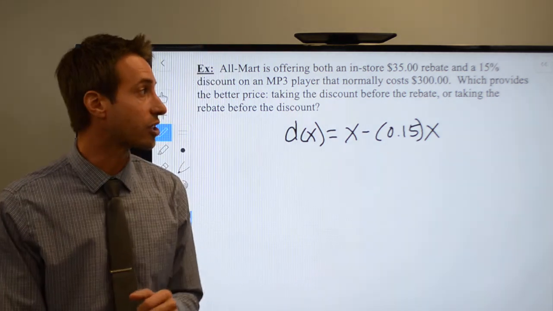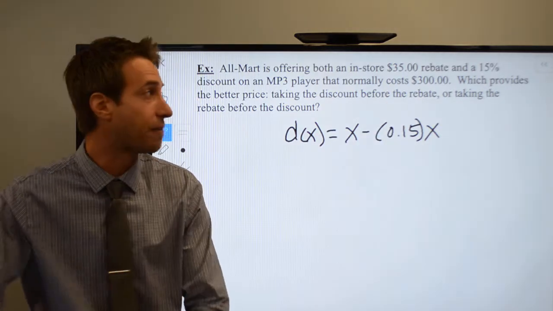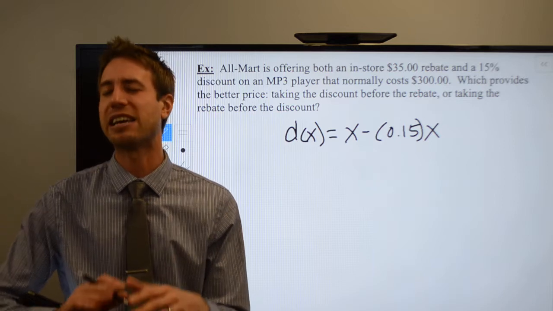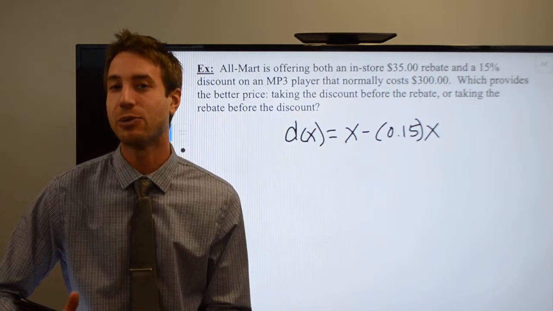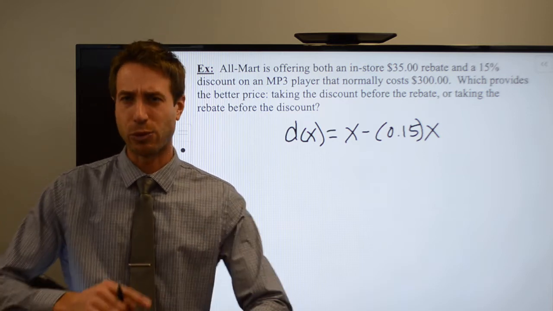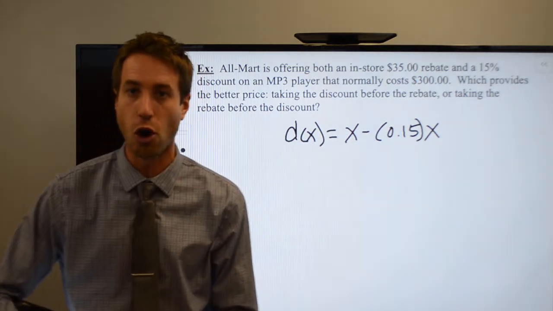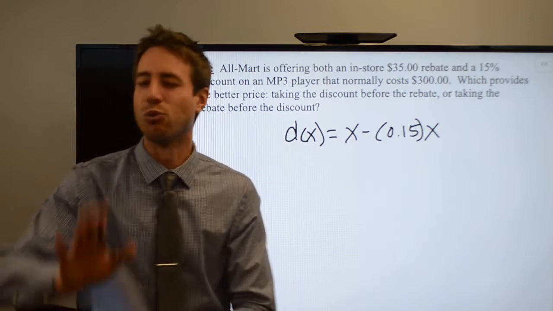The next thing the store is going to do is give you an in-store rebate of $35. Now, in-store rebates are very rare. Generally, when you get a rebate, it's what they call a mail-in rebate, which is how stores get around the problem we're about to solve. Actually, we'll get to that in a second.